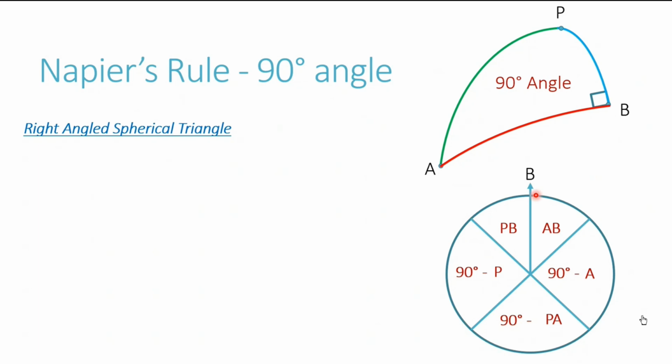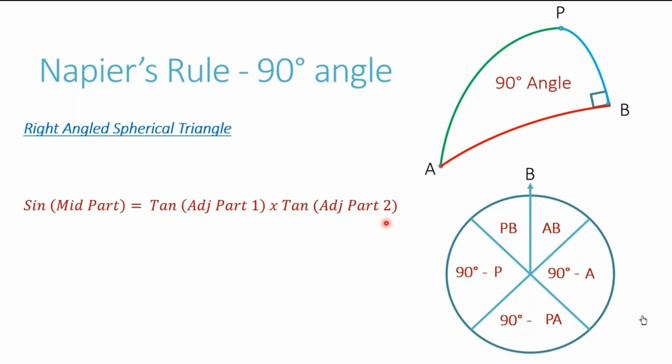Now, once the cartwheel is filled up, we can apply Napier's formula. What is this Napier formula? There are two formulas in Napier's rule. The first one is: sine of the middle part is equal to tangent of adjacent part 1 multiplied by tangent of adjacent part 2.